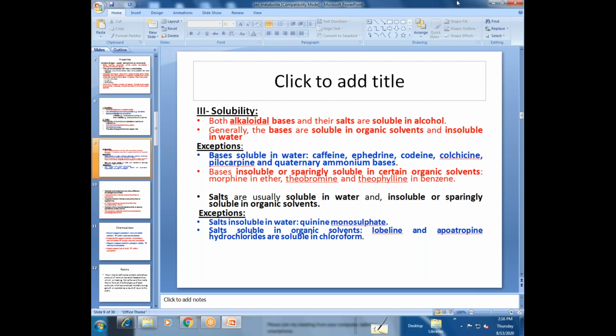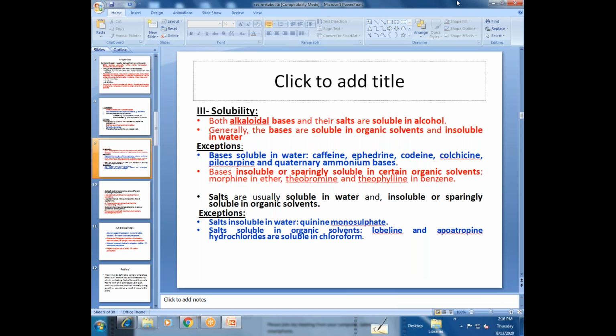Some bases are insoluble or sparingly soluble in organic solvents: morphine in ether, theobromine and theophylline in benzene. We say that all the bases are soluble in organic solvents, but morphine is not soluble in ether, and theobromine and theophylline are not soluble in benzene. These are the few exceptions.